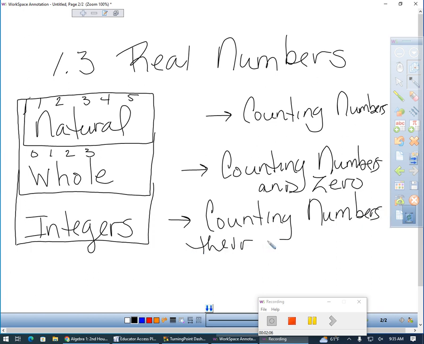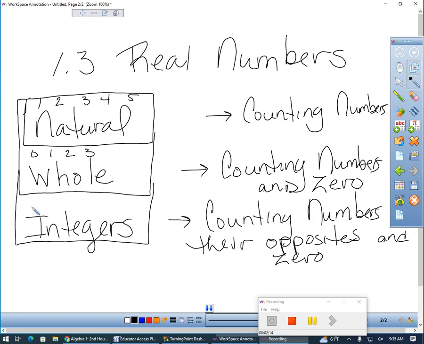So when I say they're opposites, they're negatives. So we can have -3, -2, -1. We can have 0. We can have 1, 2, 3, and so on. All of those are integers.